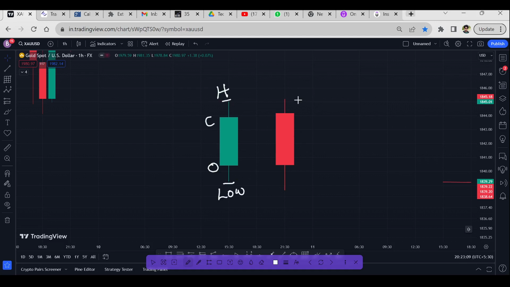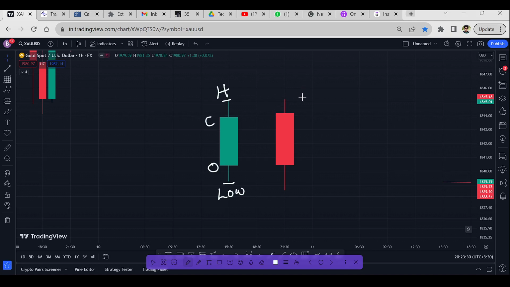So this is the rule. This candle opens here, closes here. If any high point is printed, the high will be there in the form of a wick. If a low is printed, it will also form a wick. But the bear candle opened here.